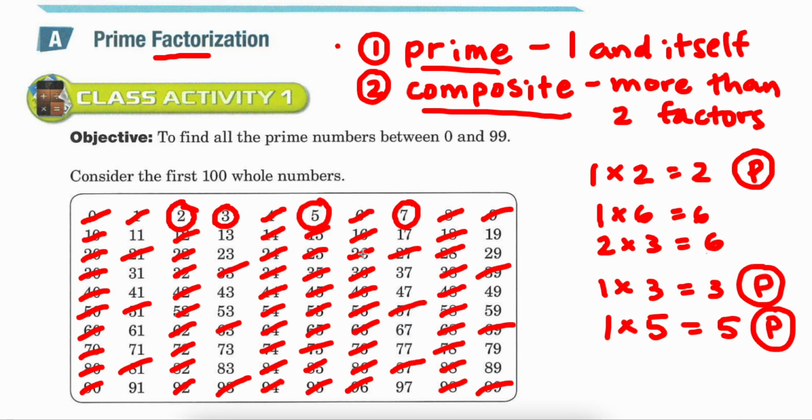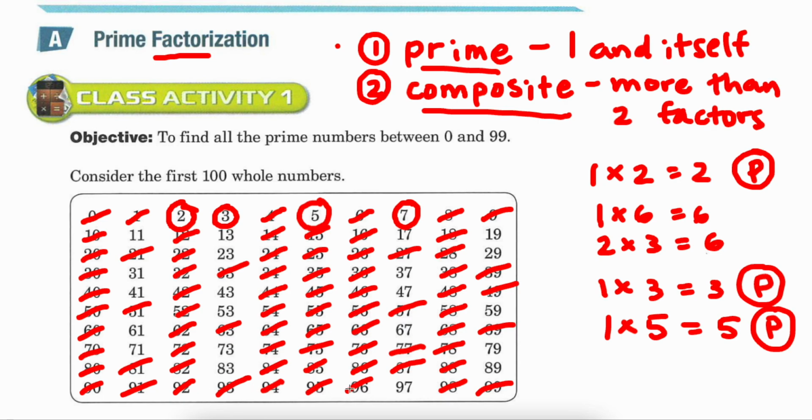1, 2, 3, 4, 5, 6, 7, counting by sevens and crossing out each multiple down the chart. I wouldn't have gotten that one.